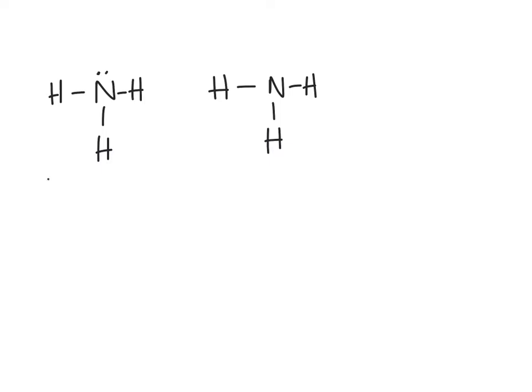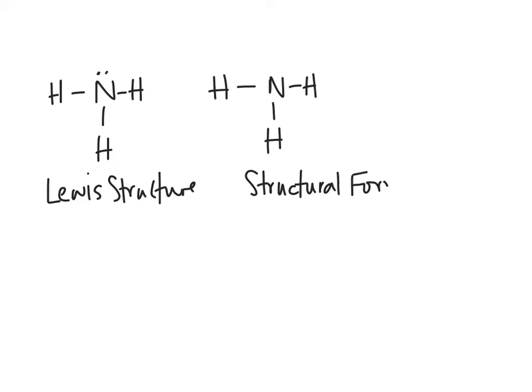So this is our Lewis structure, and this is your structural formula. Now pay attention to the question, because it might ask you to put the dipoles on the Lewis structure. It might ask you to put it on the structural diagram or the structural formula. So pay attention.